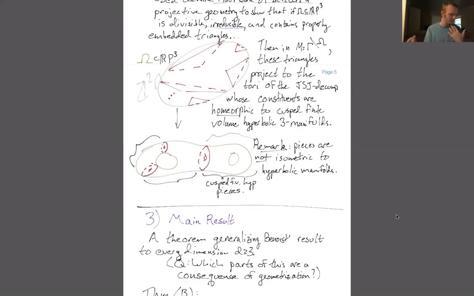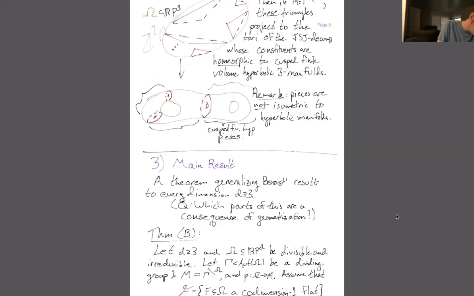And then the pieces are finite volume cusped hyperbolic manifolds amalgamated along their cusp cross sections, which are necessarily the tori. So this is a really beautiful result. People sometimes call this a geometric JSJ decomposition.